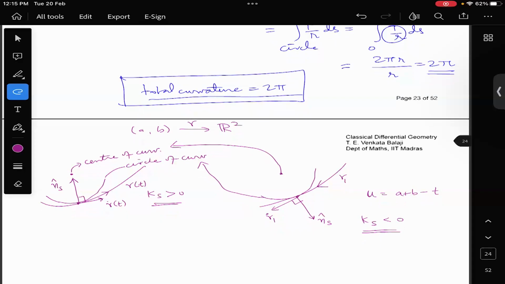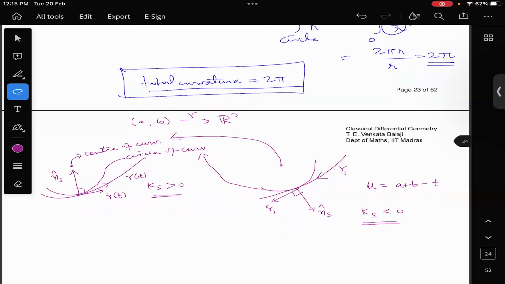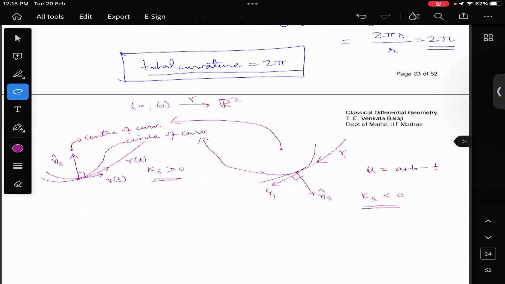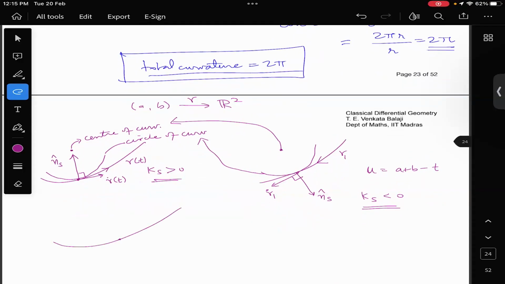What is really happening is a question of how the tangent is turning with respect to a fixed direction. So here I can do the following. I can take the tangent vector, this is gamma dot, and then I can take the positive x direction, and then I can take this angle theta.